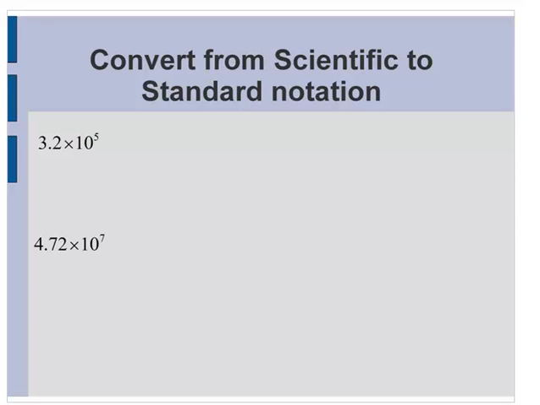All right. So we're asked to convert from scientific to standard notation. We're given the number 3.2 times 10 to the 5th power. Now, I don't know what you remember about raising 10 to a power, but 10 to the 5th power is a 1 with 5 zeros after it.